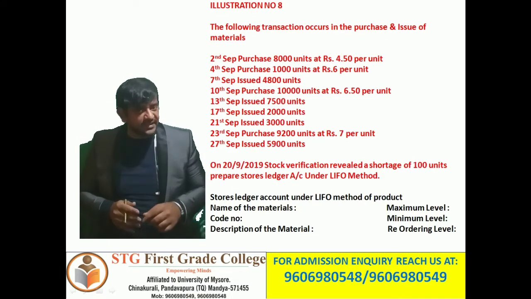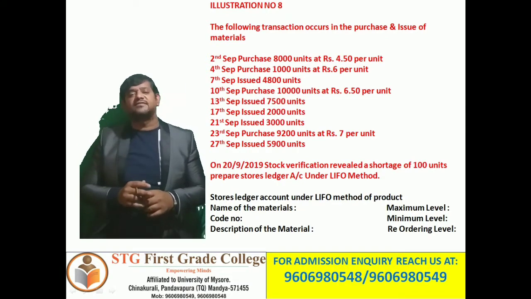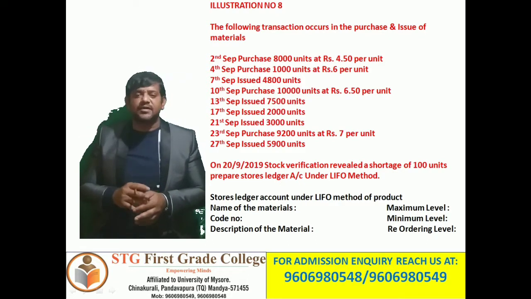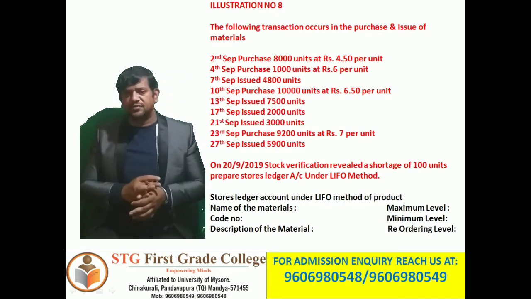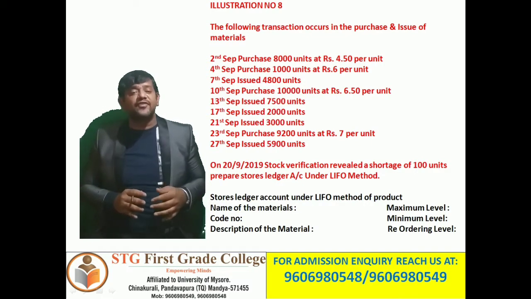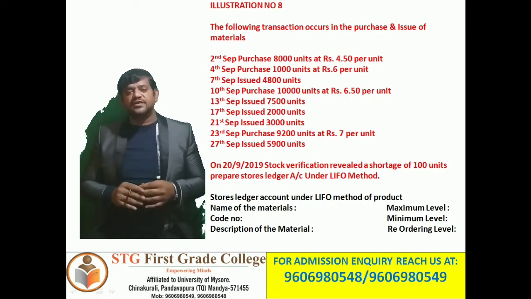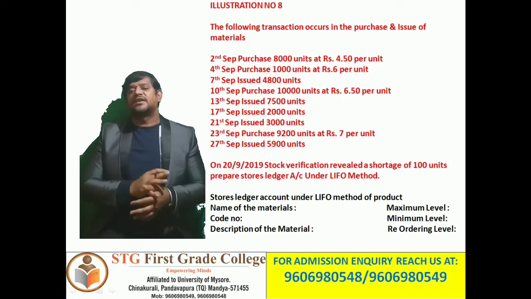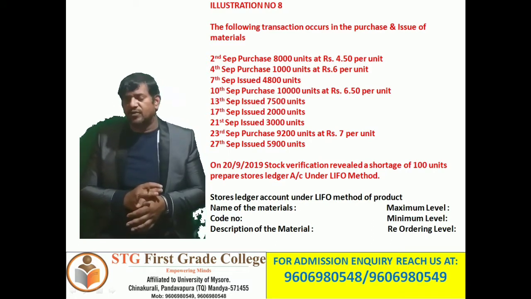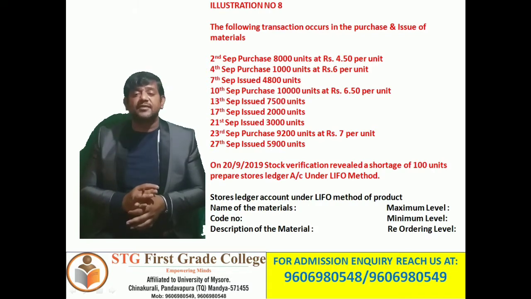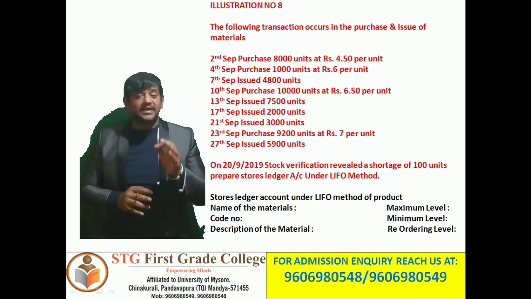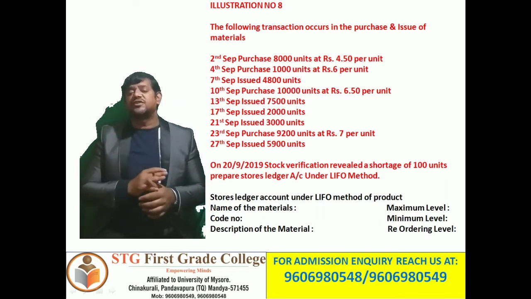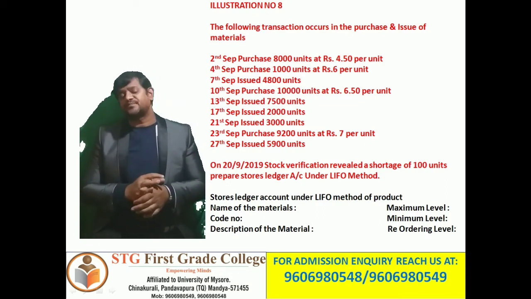On 13th September, issued 7,500 units. On 17th September, issued 2,000 units. And on 21st September, issued 3,000 units. 23rd September, purchased 9,200 units at rupees 7 per unit. 27th September, issued 5,900 units.